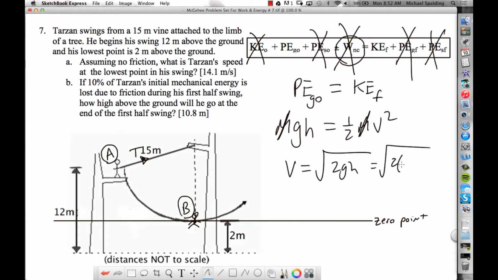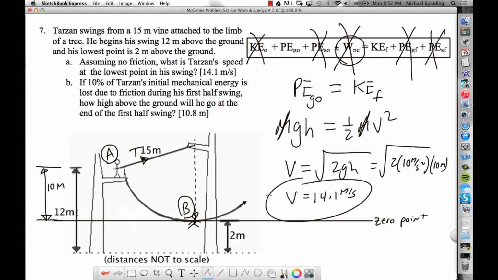That's going to be 2 times, I think McGehee used 10 on this worksheet, so 10 meters per second squared. And then what's the h going to be? Is the h going to be 12? Because we subtracted away this 2. So the h is going to be this distance here, which is 10 meters. So this comes out as 14.1 meters per second.